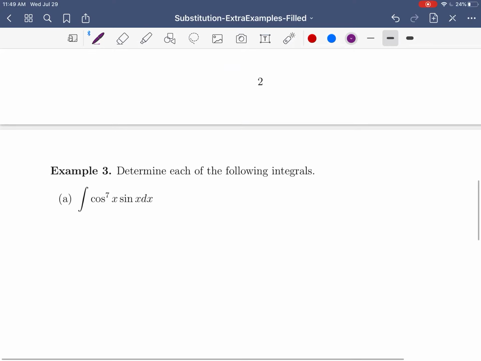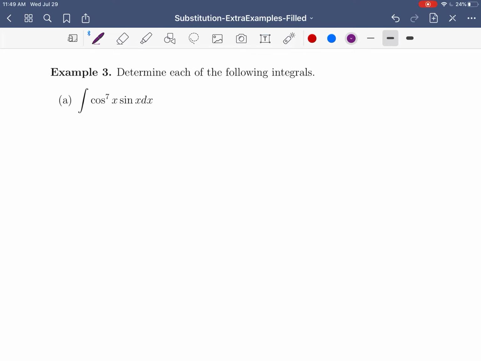Now, what about some trig ones? Here I have the integral of cosine x to the power 7 times sine x. Remember that this is our lazy way of writing cos x to the power 7 times sine x dx. Just like we did before, cos x is inside some other function, so that seems like a good choice for u.